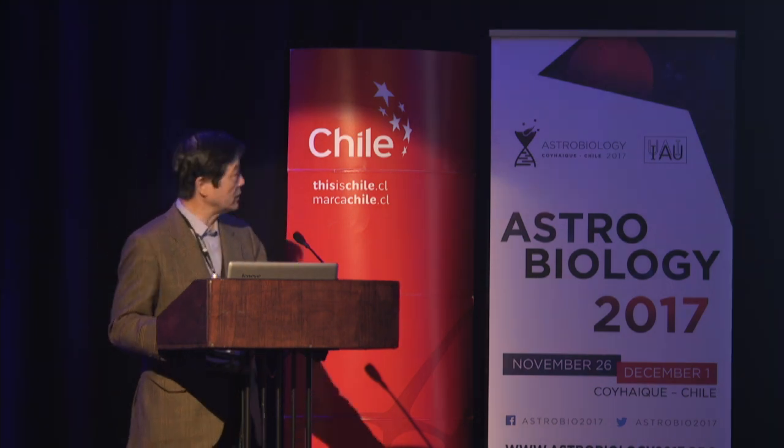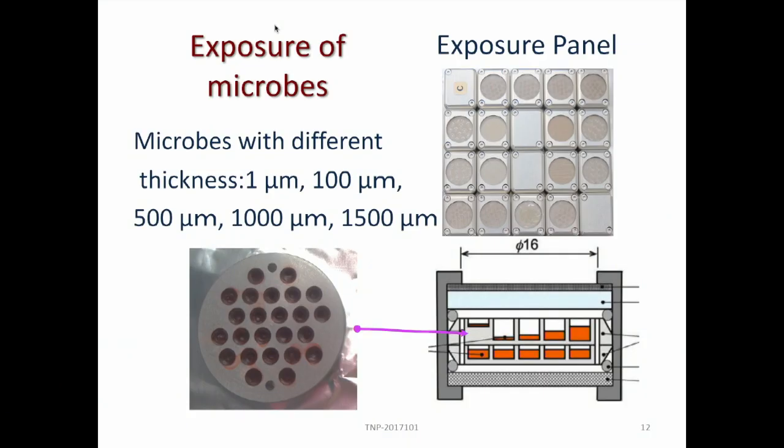To test this, in the exposure panel, we see the cross-section of one of the units. There are 2 aluminum plates. The upper aluminum plate is illuminated by solar UV, and the lower, second aluminum plate is used as a dark control, shielded from UV light, but both plates are exposed to the vacuum and also the radiation.